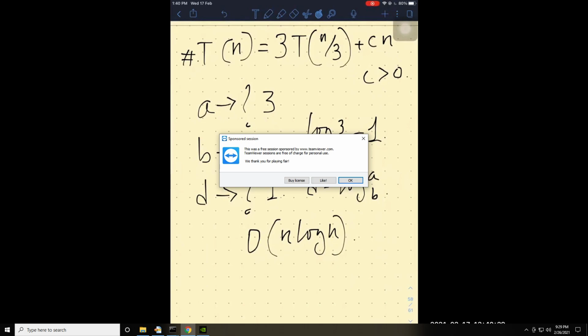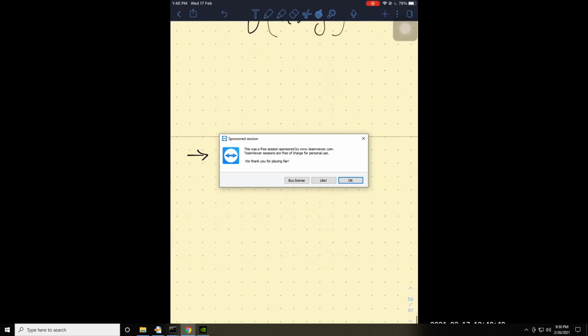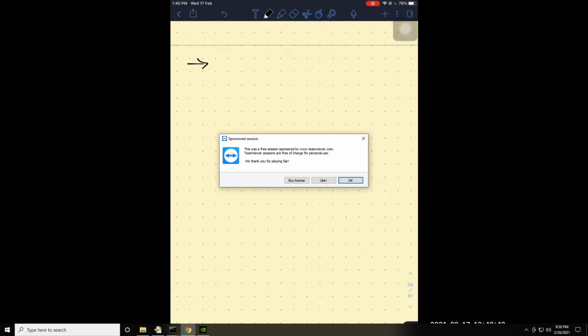Okay, so somebody asked if you could show the problem as the recursion tree. Yeah, that's what I'm doing now. So let's try to solve it using the recursion tree. So the given function is T of n equals 3T of n divided by 3 plus c of n.